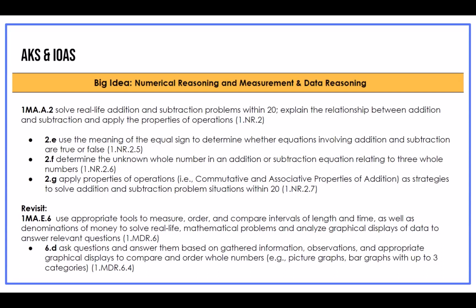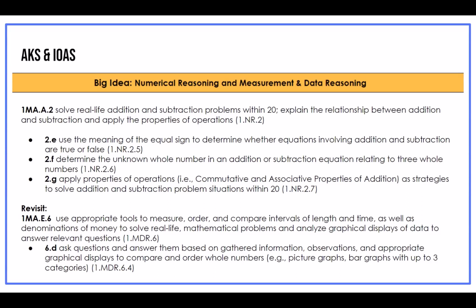With IOA 2G, students discover and apply the commutative and associative properties of addition as strategies for solving problems. Exploring the properties gives students an opportunity to realize the sum does not change even when moving or grouping addends in a different order. Using the commutative and associative properties as strategies builds flexibility for computation.